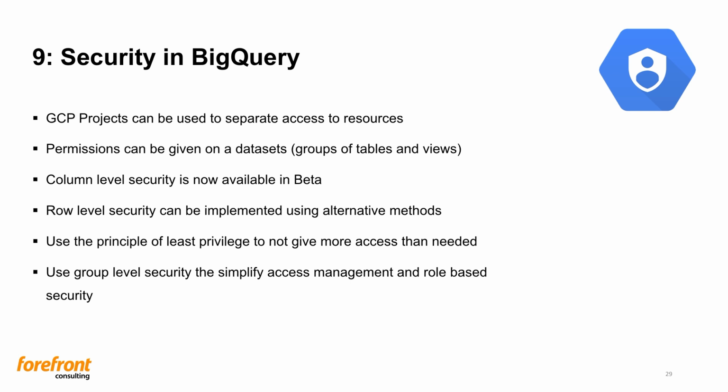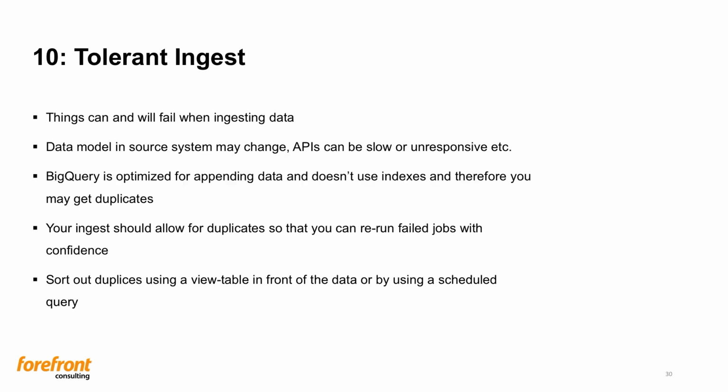I promise you. So now, when we have the possibility to provision and to set the permissions, we also need to think about how to make the data warehouse resilient. Because there will always be things that stop working, APIs become unresponsive, your source systems might change, the schema might change, there will be things that change.